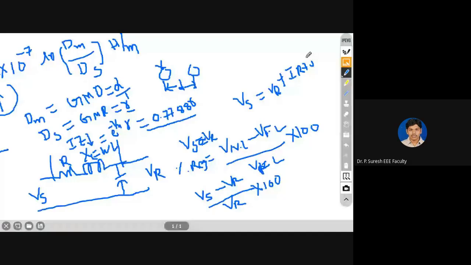We can write it as Vs minus Vr by Vr into 100. Now tell me the relation between Vs and Vr: Vs equal to Vr plus I into R plus j I into XL. In order to make these two equal, the resistance should be low and the reactance also should be low. Reactance should be low, so inductance should be low.